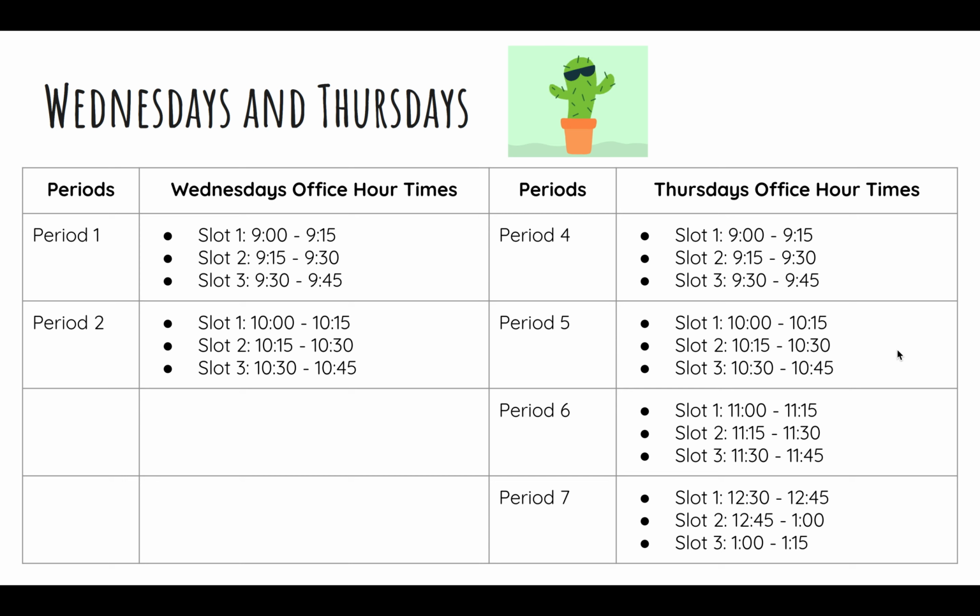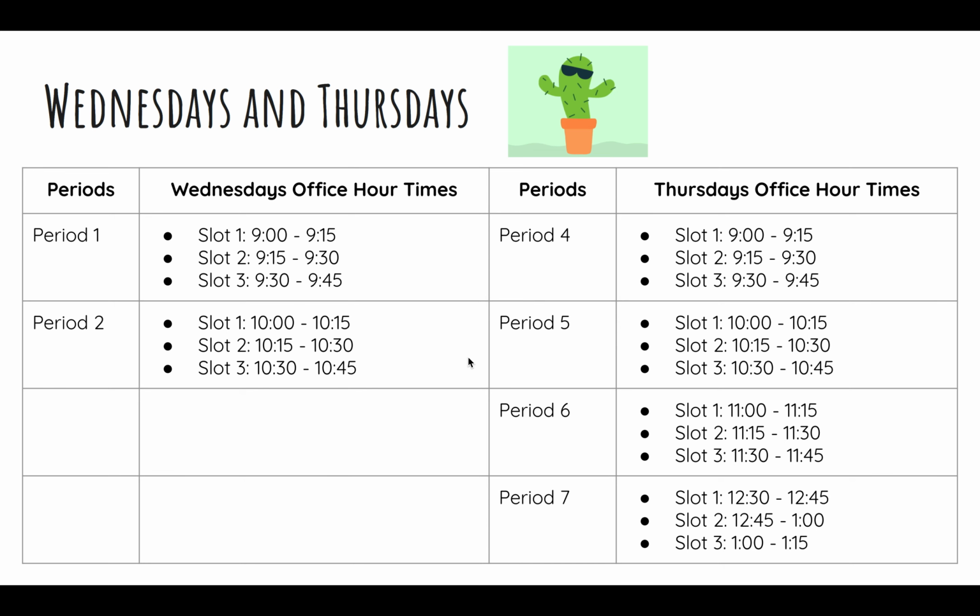So again, if you're in, say, second period, your only chances to meet with me for office hours are Wednesdays from 10 to 10:15, 10:15 to 10:30, or 10:30 to 10:45. I can't meet with you on another day because that's someone else's time.